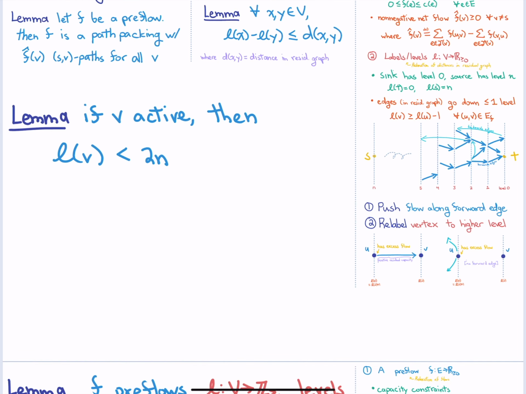The claim is that if I have some vertex V, and V has some excess flow, then, here's layer 0 and here's layer n, so S would be here. We're saying that the layer of V is at most 2n. Why is that?